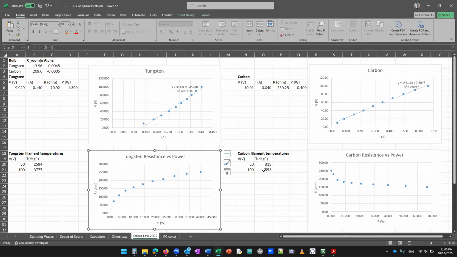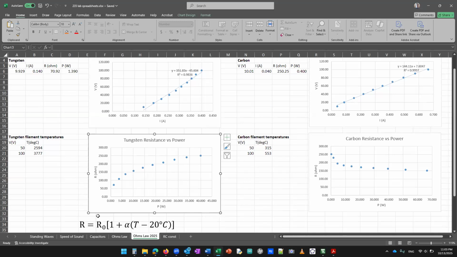But I thought this might be a little low because the carbon filament was glowing orange, so that indicates it is well at least maybe in the thousands of degrees C, but not as high as the tungsten, which is typically kind of white in color. But these numbers are what I got, so maybe they're not as accurate as what the tungsten calculations are.